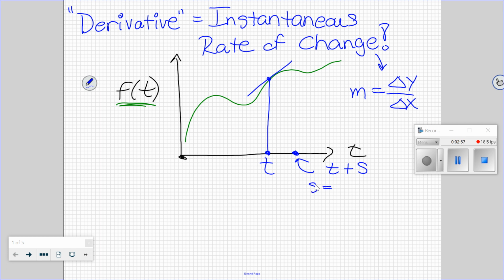Do you object to that because it's the same symbol for seconds? There are other fancier calculus symbols for that, but we could make it a sigma or a capital S. I'm going to write down that it's something small. We're going to increase t a small amount of time beyond the point we're interested in.